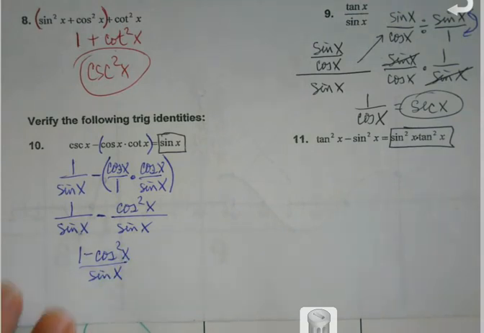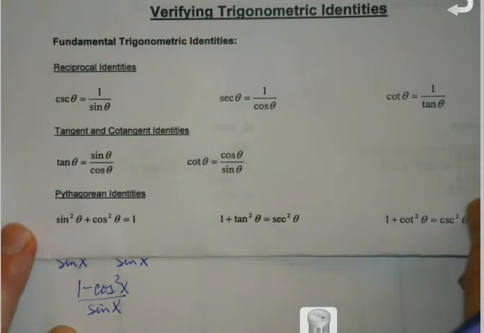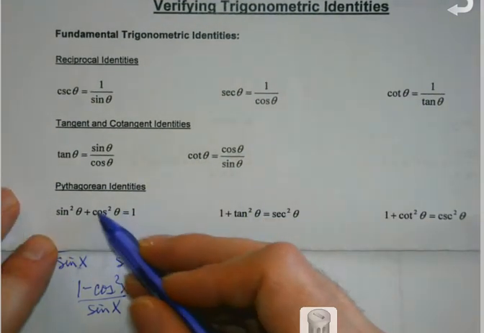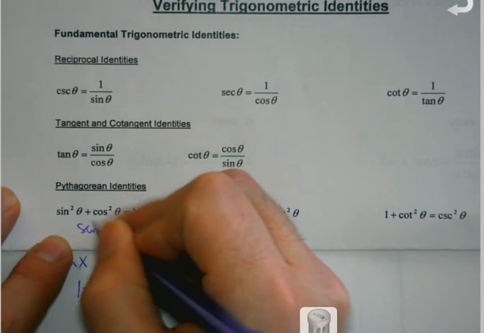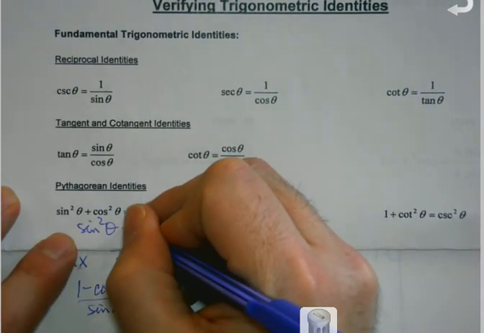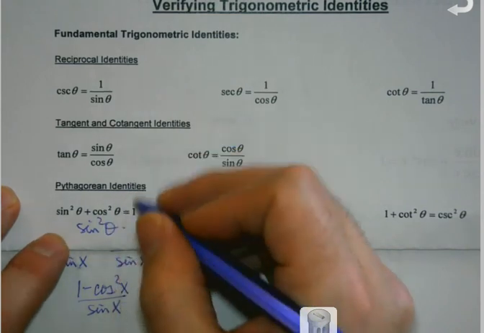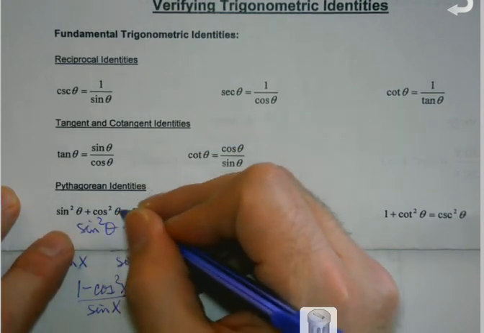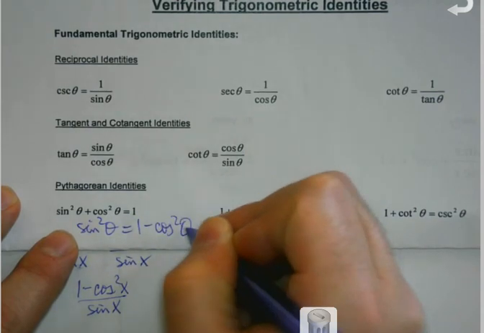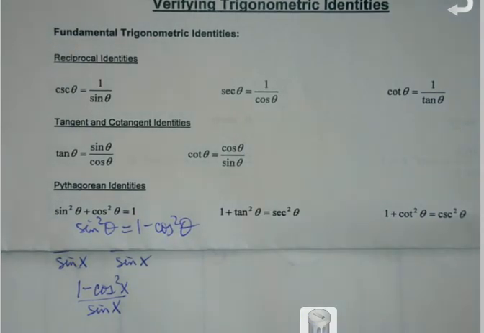Okay, let's see here. What can I do? Maybe I can turn this into something. Let's see. 1 minus cosine. I could minus cosine over here. Oh, I just did something I didn't want to do. Oh, well. Let's see. Cosine squared. If I subtract that over, and this is one most of you probably had on your sheet already.